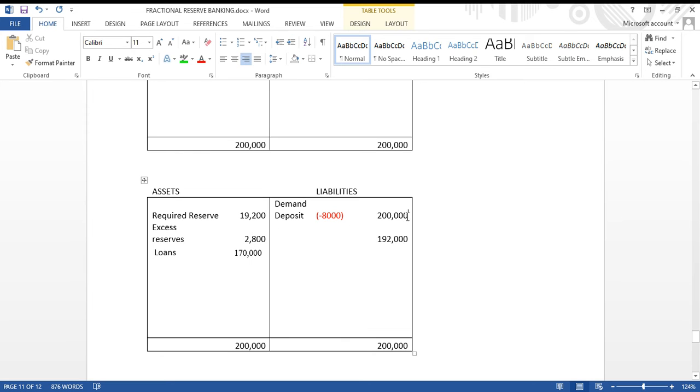So on our demand deposits side we have 192,000. Right, so both sides are supposed to balance. So 19,200 plus 2,800 plus 170,000, we're going to get 192,000.